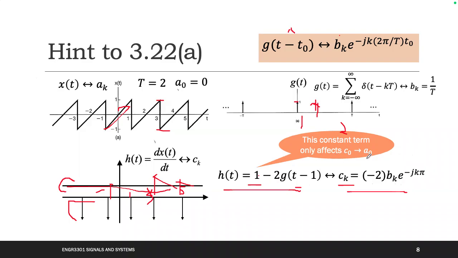Because the 1 only affects c naught. It will never affect c_k. It will never affect other terms. So we only care about this part. That makes sense to you?